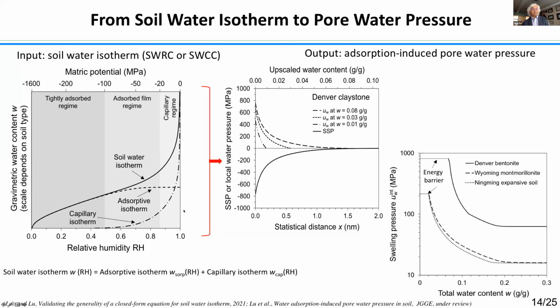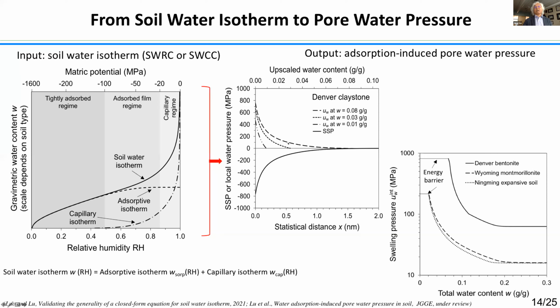The adsorption part is the one that gives us the clue that you can calculate what will be the pore pressure. So here's an example where we use the theory to calculate for bentonite. Right here in Denver, we find what they call Denver bentonite, which is basically montmorillonite, very similar to Wyoming sodium montmorillonite, except here it is calcium-dominated bentonite.